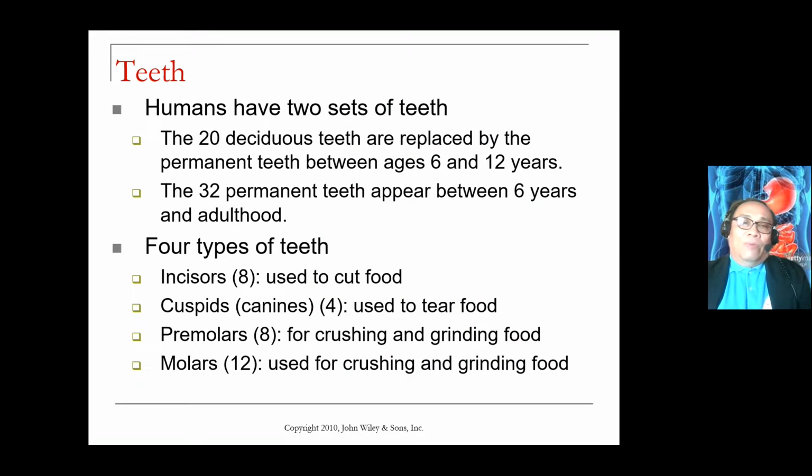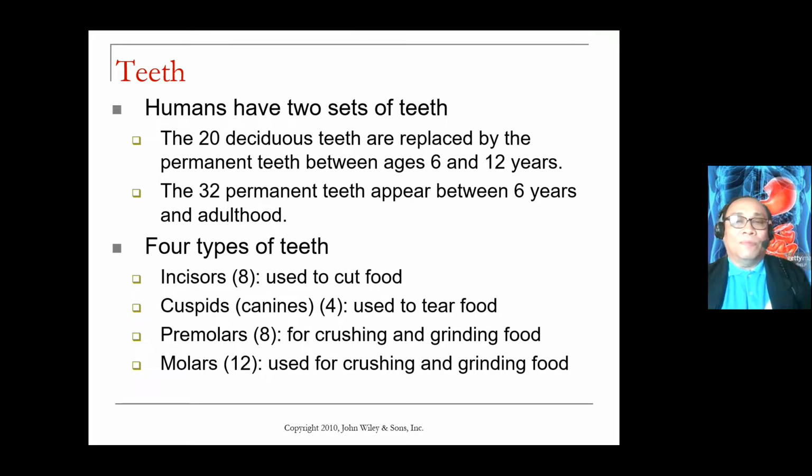Okay, we have to be aware that humans have two sets of teeth. The temporary teeth, as we all know it, are called deciduous teeth. So the first set actually numbers 20 teeth. And by the time you reach the age of 7, these 20 deciduous teeth will be gradually replaced by permanent teeth.